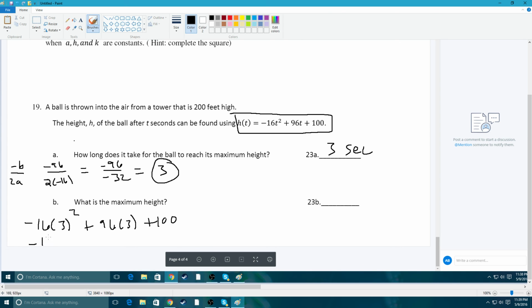So that's negative 16 times 9 plus 288 plus 100. Well, that's negative 144 plus 288 plus 100 for a grand total of 244 feet.